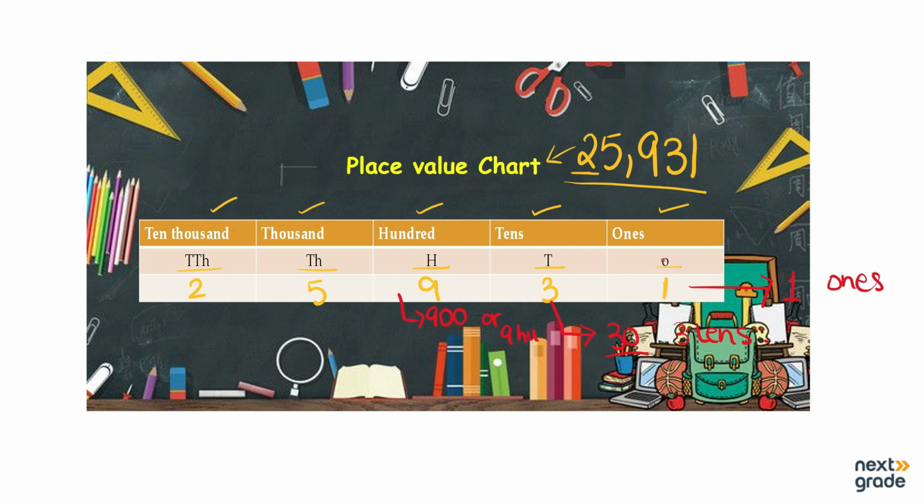Same for this one, I'll write it as 5,000 because it's at the place of thousands. Next we have ten thousands and the digit given is 2, so in place value form it will become 20,000, right?